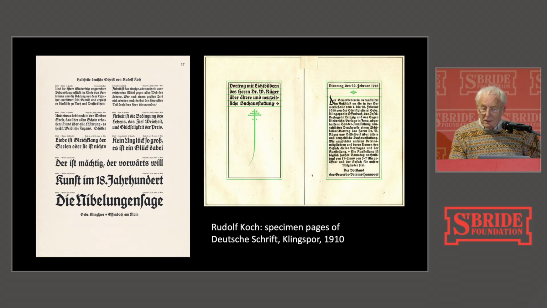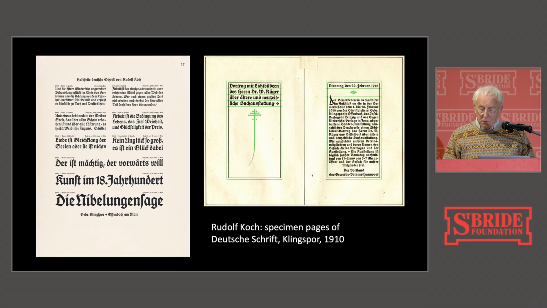So this was much celebrated at the time, and Das Plakat wrote, Kochschrift is the result of the study of different handwriting styles. We are talking here about a typeface which is drawn rather than written.